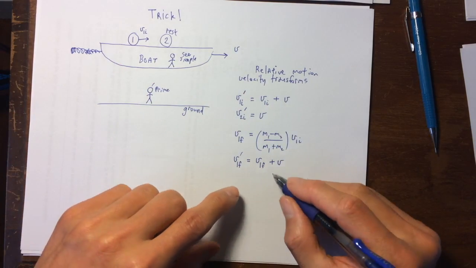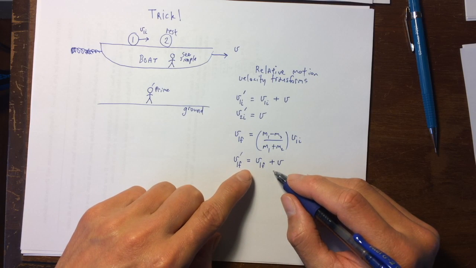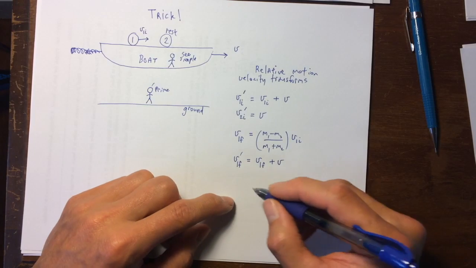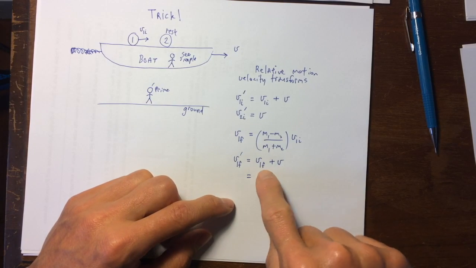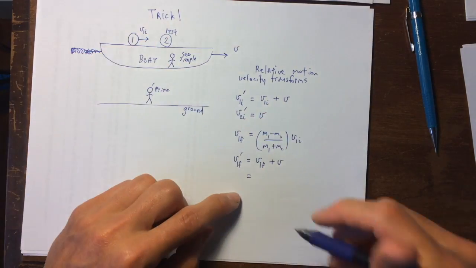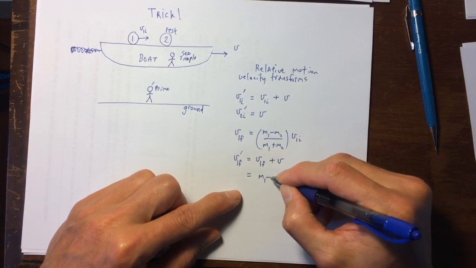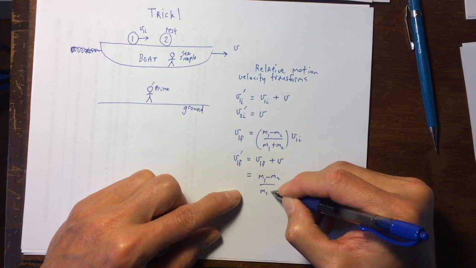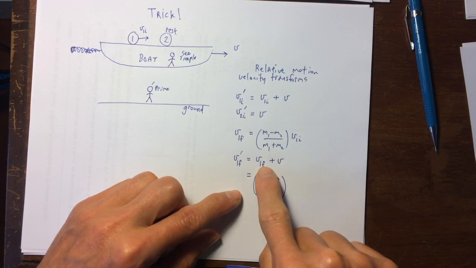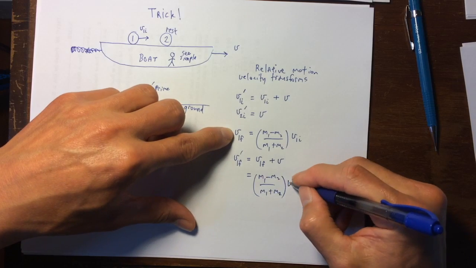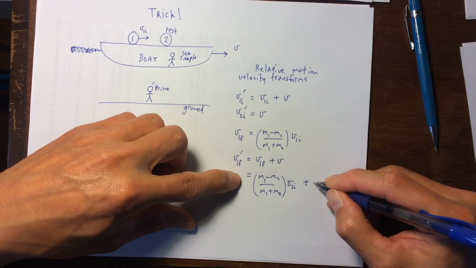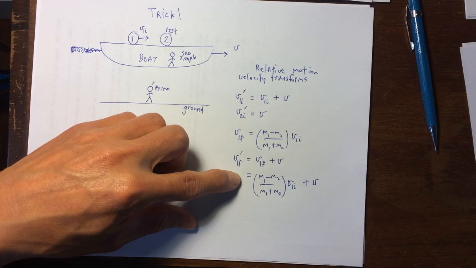So let's go in and figure out v1 final prime. So v1 final is this stuff here: m1 minus m2 over m1 plus m2, times v1 initial. And then the idea is you add on v.